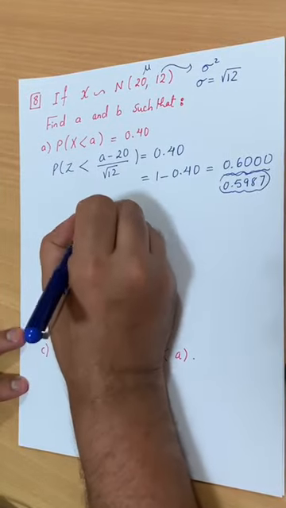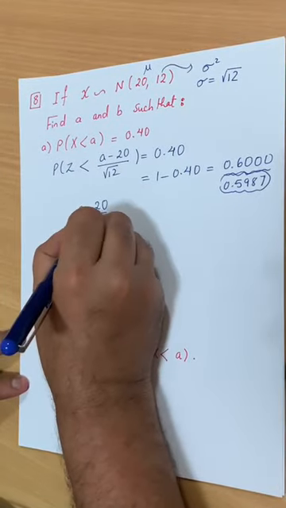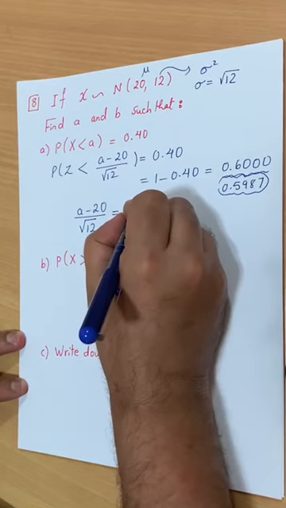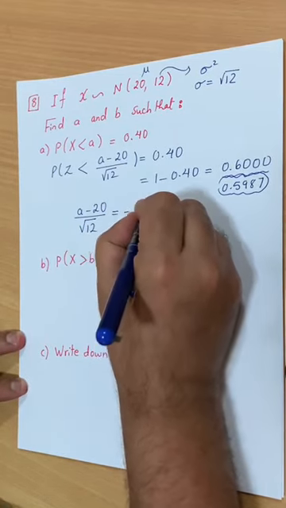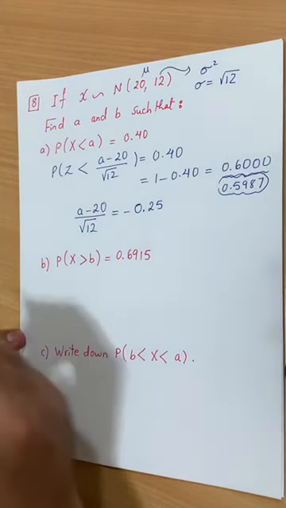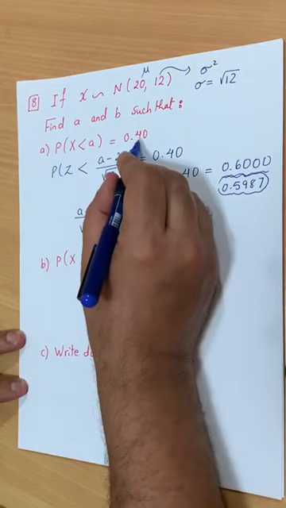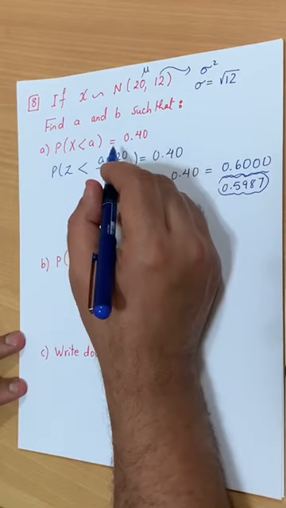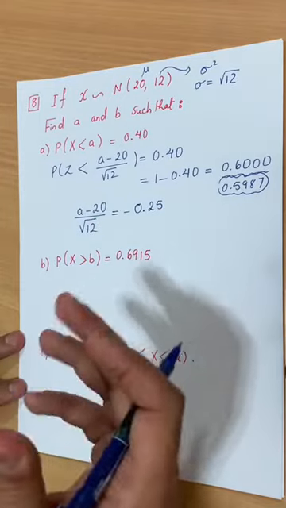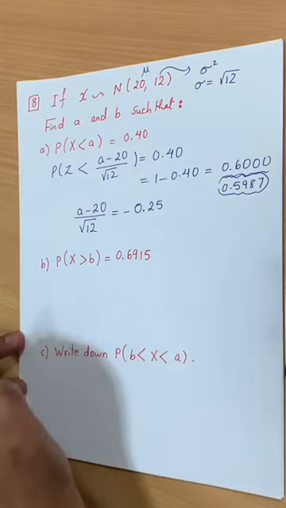So a minus 20 over root of 12 is equal to negative 0.25. Why do you have to write negative? Because it's less than 0.5, so you're supposed to write a negative. Less than negative is 1 minus table value because we did 1 minus.